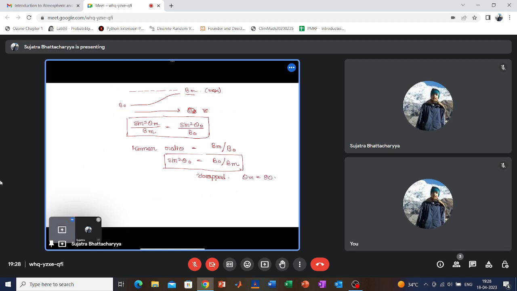So whenever this theta which we have defined is greater than or equal to 90 degree, reflection or trapping takes place. But when theta is less than 90 degree, the particle is lost. Also there is a theta c, which is the critical angle, sine inverse of root of B0 by Bm.